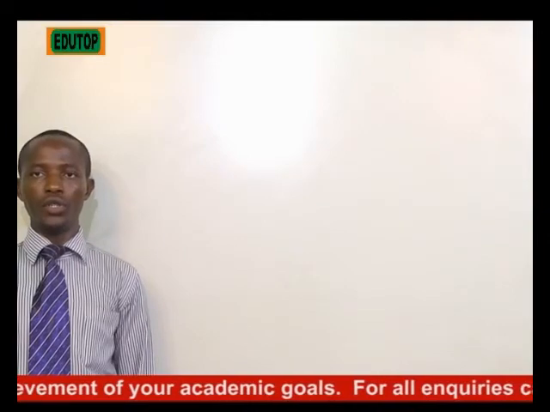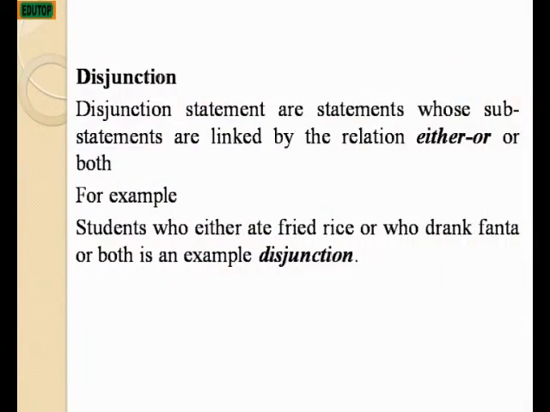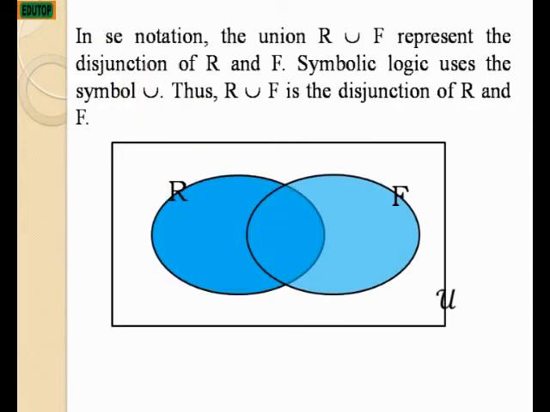Now we go to disjunction statements. Disjunction statements are statements whose sub-statements are linked by the relation either or both. For example, students who either ate fried rice or who drank Fanta or both is an example of disjunction. In set notation, the union R union F represents the disjunction of R and F. Symbolic logic uses the union symbol.